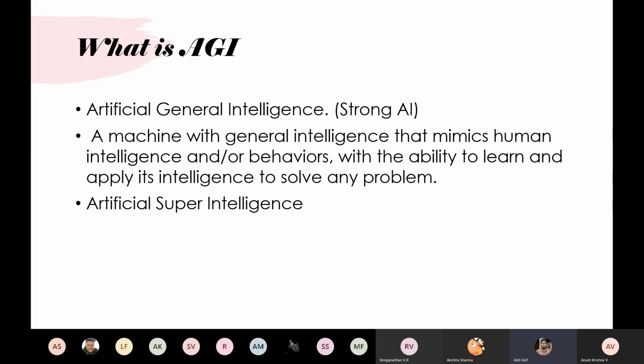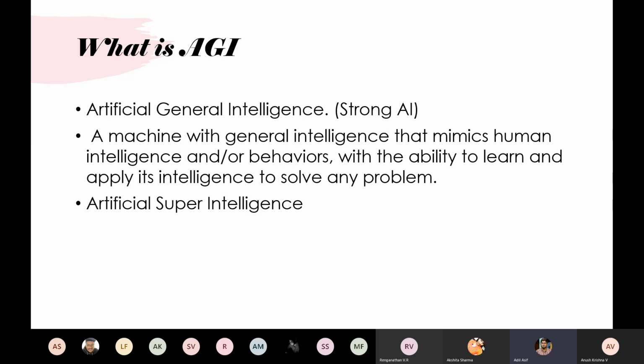Let's hope for it. There is one more type of intelligence, known as artificial superintelligence. Now, what is artificial superintelligence? Basically, it is the intelligence where the program or the robot will show extra intelligence or extra behaviors beyond humans. So it will be more intelligent than humans.